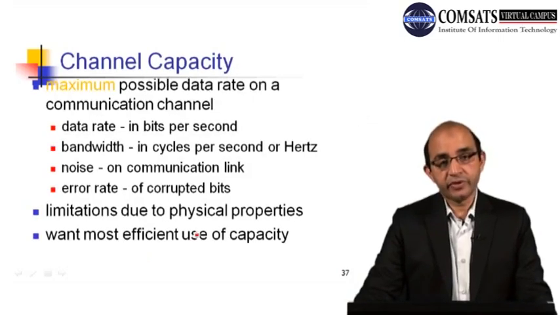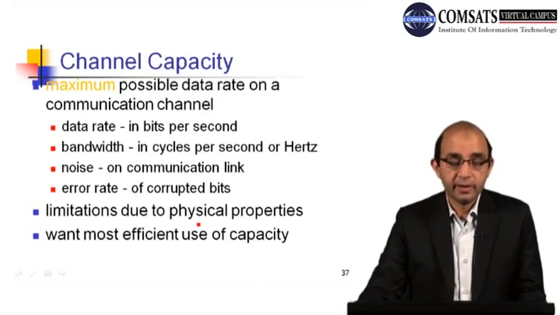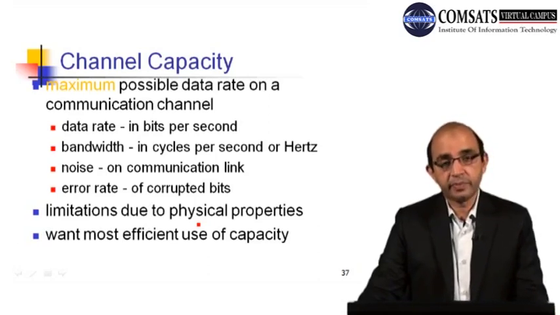First we need to know the channel capacity, the maximum possible data rate on a communication path, and here we have some of the bottlenecks: data rate in bits per second, bandwidth in cycles per second, noise, which is one of the major bottlenecks to achieving the maximum channel capacity, and error rate, that is the number of bits that are being corrupted.